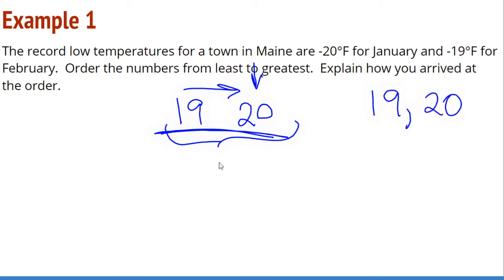Now if I look at their opposites, I remember that when we do order of opposites, it's going to be the opposite order. Remember that from the last slide? The 21 was to the right of the 19, but if I do their opposites, then the negative 21 is going to be to the left of the negative 19.